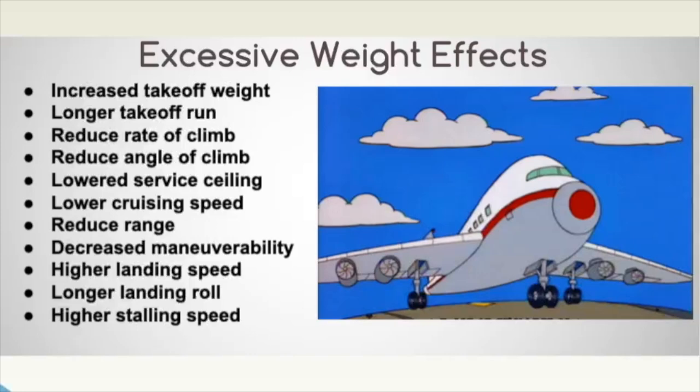We cannot go that high. The airplane is going to need a lot more power to keep any altitude. Lower cruising speed is going to reduce the range. That means it's going to burn a lot more fuel. It's going to decrease maneuverability, and give a higher landing speed, longer landing roll, and higher stalling speed.